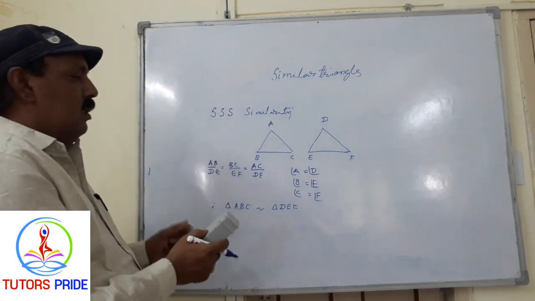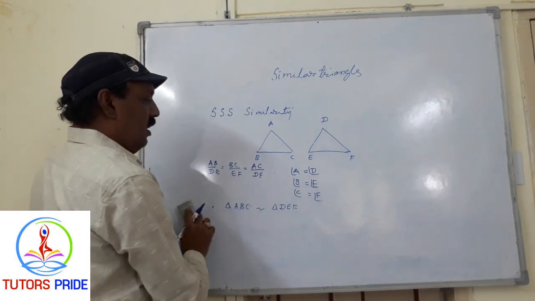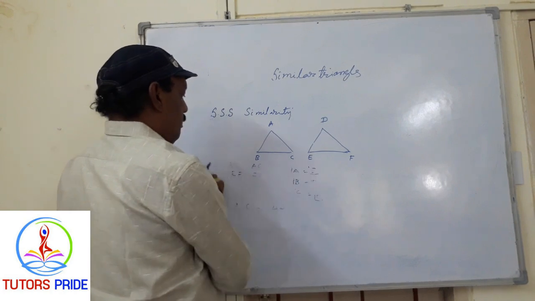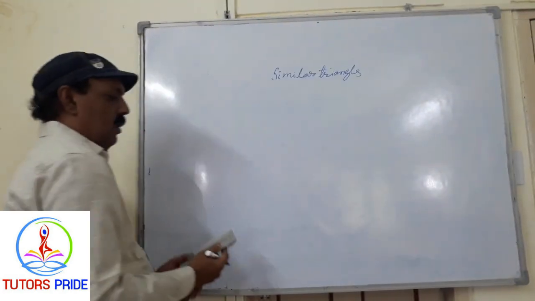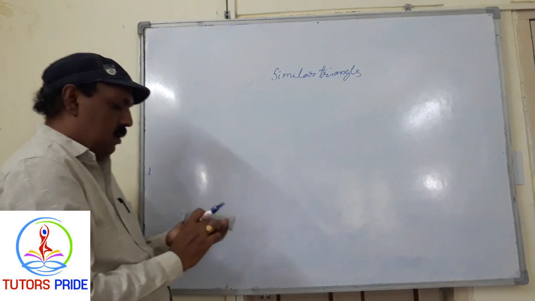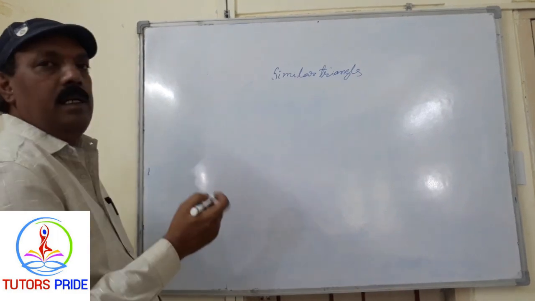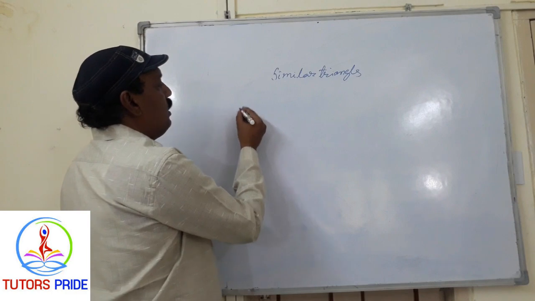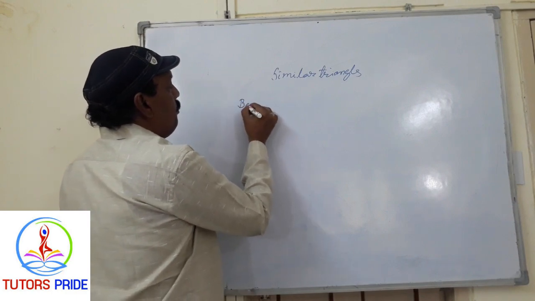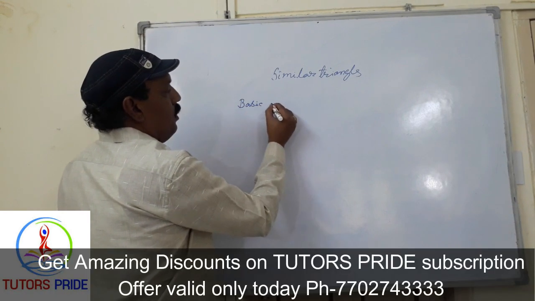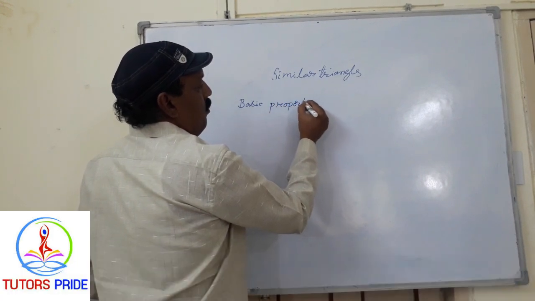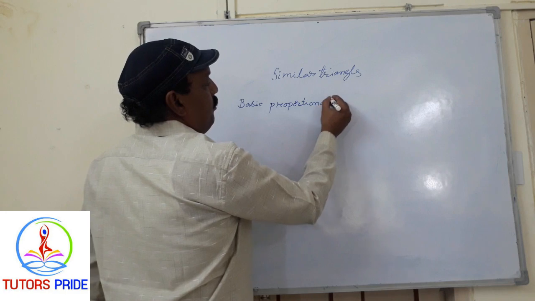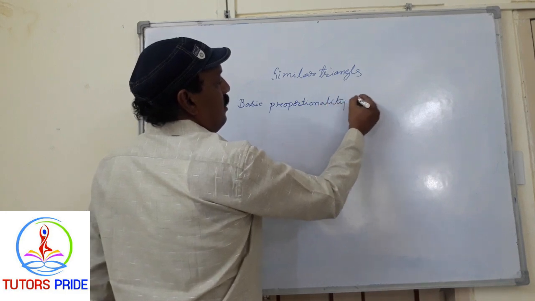And this is the third parameter. Now, the similar triangles chapter mainly depends upon a very important theorem, that is the basic proportionality theorem.